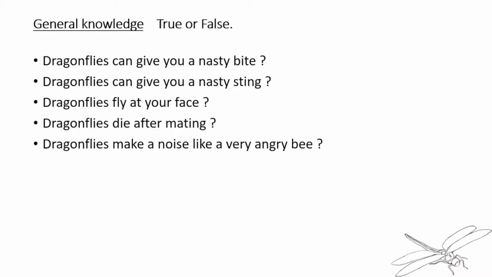Dragonflies fly at your face. Dragonflies die after mating, and dragonflies make a noise like a very angry bee. All of these are true or false answers. Hopefully when I go through all the slides, you should be able to answer these quite easily at the end.